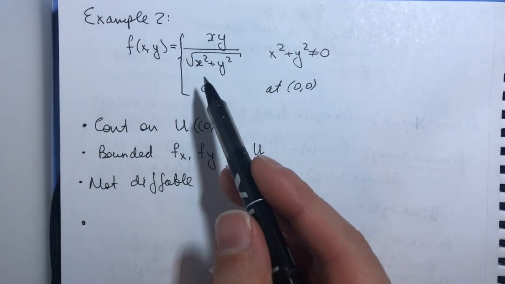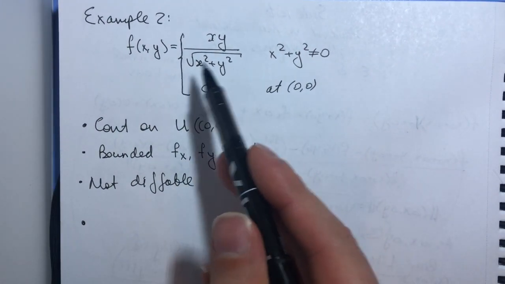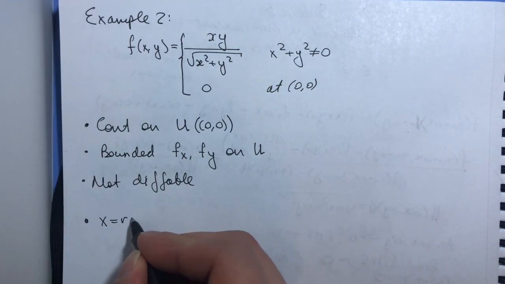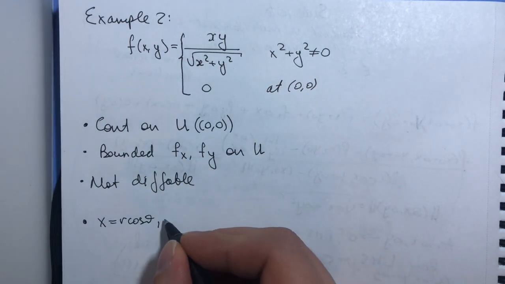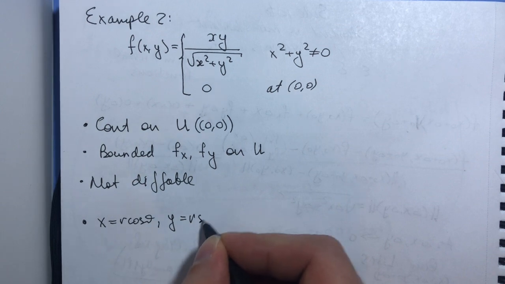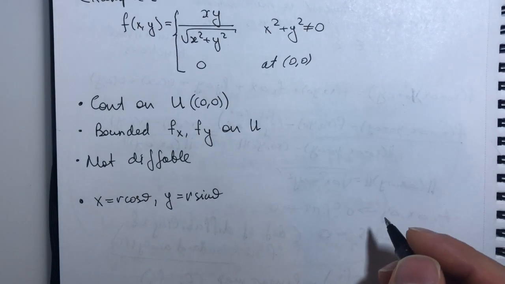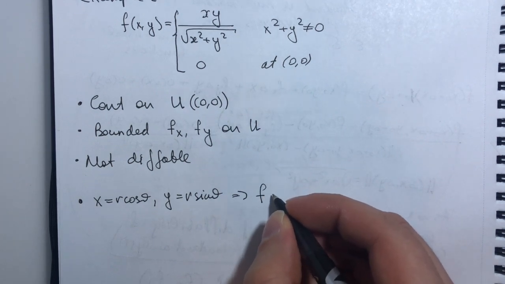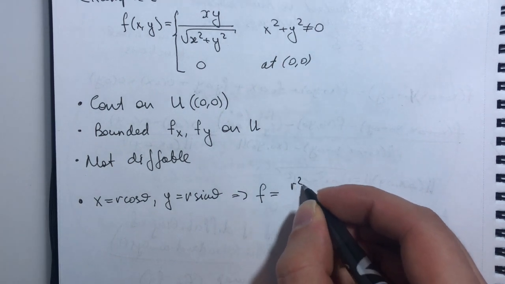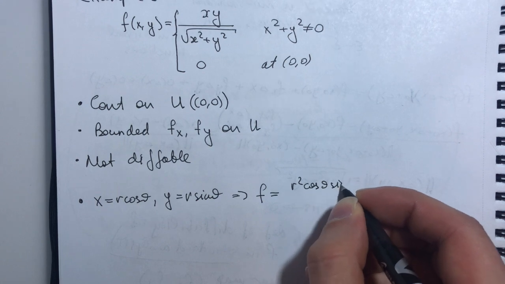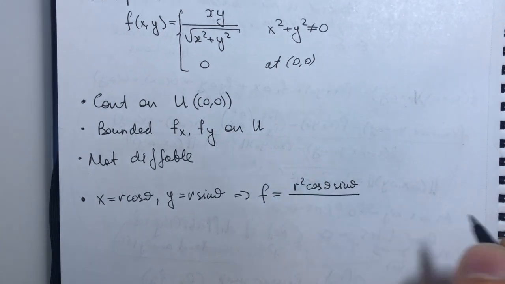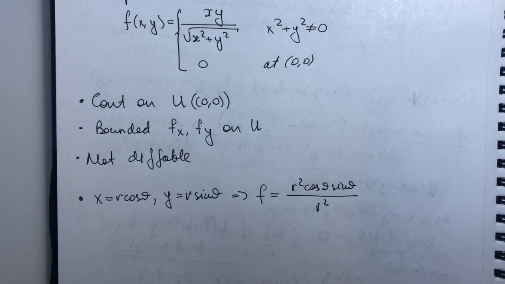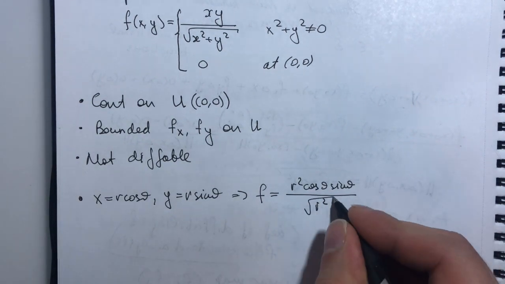So again, we have x squared, y squared. This reminds us of polar coordinates, so we use them again. And then we get that f is r squared cos theta sin theta divided by root r squared.